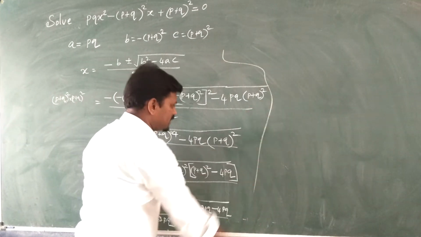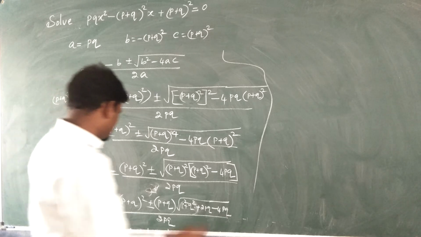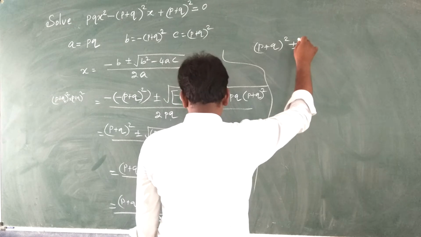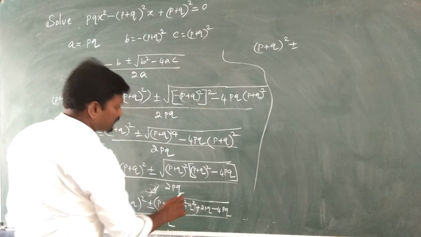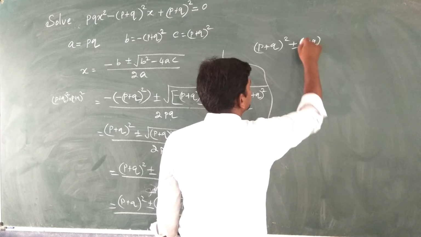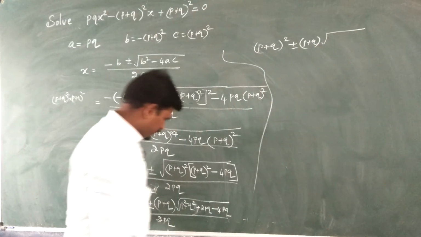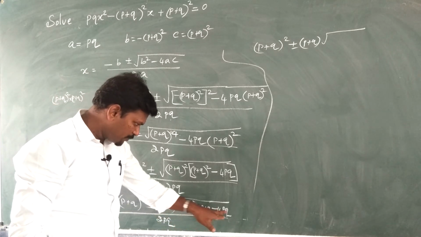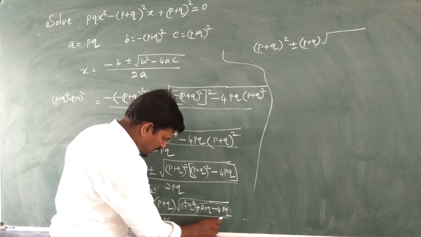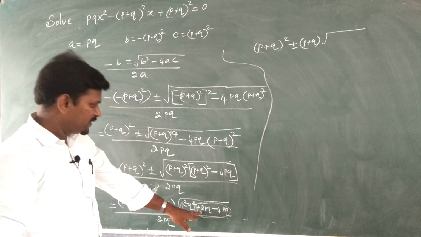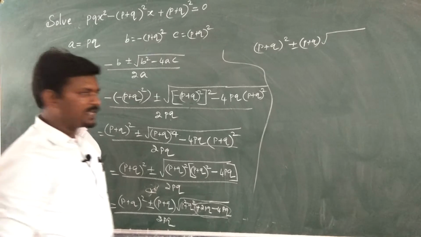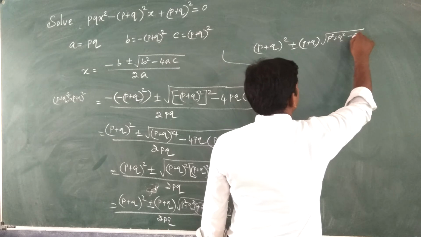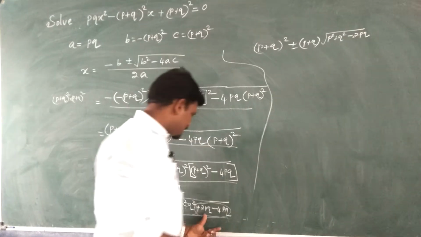So in the next term we will simplify: (p plus q) whole square plus or minus (p plus q) into square root of p square plus q square plus 2pq minus 4pq. These two terms are like terms.